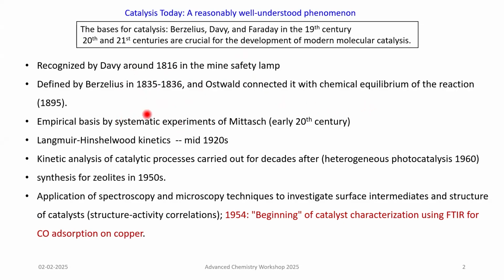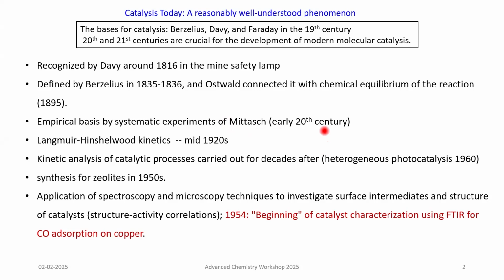Then empirical systematic experiments were done by Mittasch, because they had to do some empirical experiments to establish the concept of catalysis or the action of catalysis. So that has been going on in the 20th century.